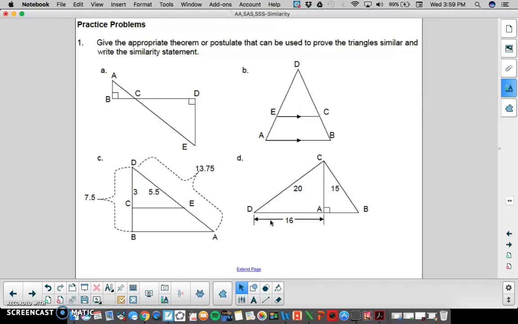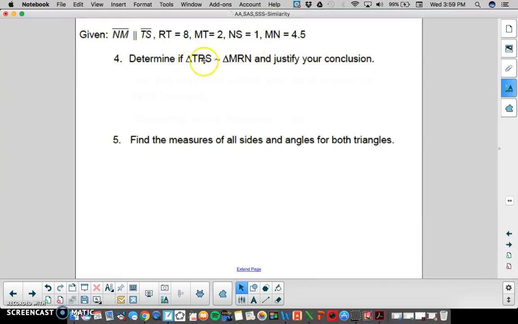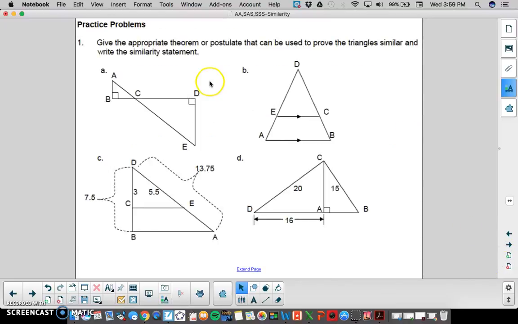Give the appropriate theorem or postulate that can be used to prove the triangles similar, and write the similarity statement. So the similarity statement is the statement like this, where two triangles are similar to one another. So try these 4 problems. Use your AA similarity, your SAS similarity, or SSS similarity.